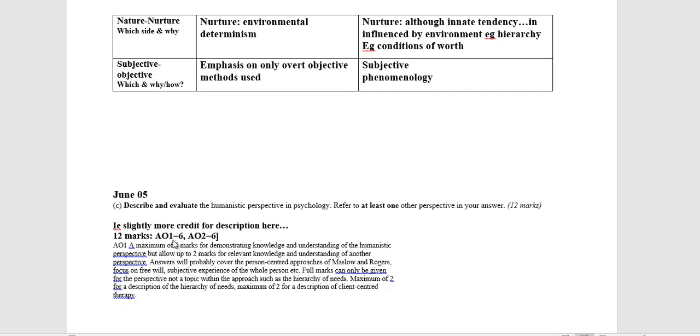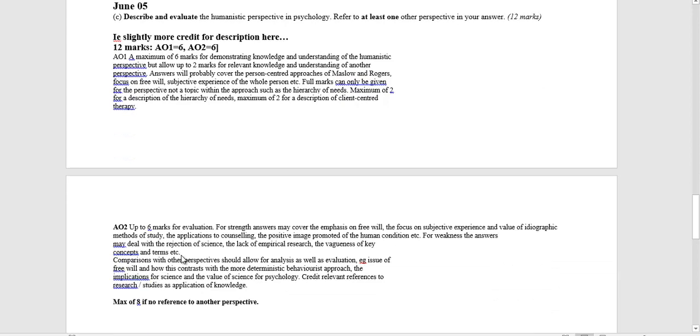So here in this particular one it had 6 and 6, so 6 credits for descriptive material, AO1, and remember their AO2 is now what we call AO3, the evaluation. So a little bit more credit for describing, but very much the same sort of thing. And you can see on the screen here now the mark scheme that went with that.